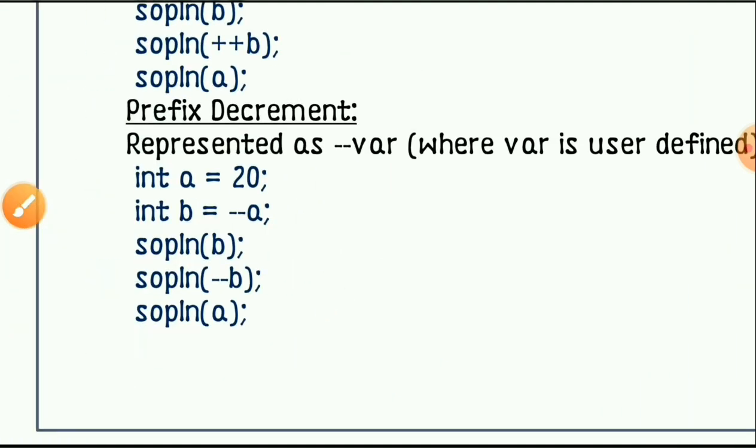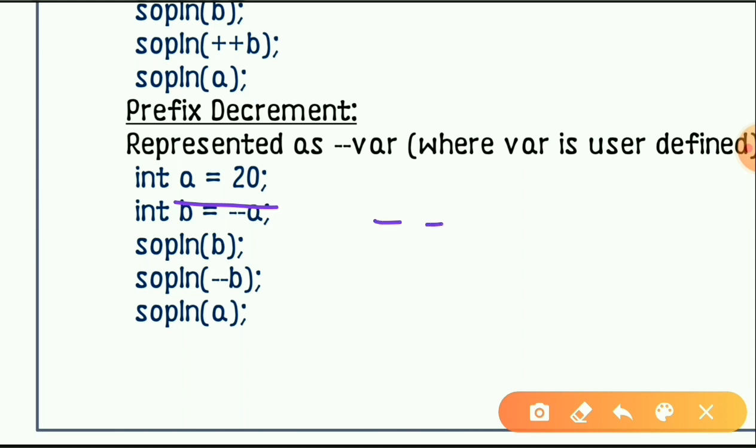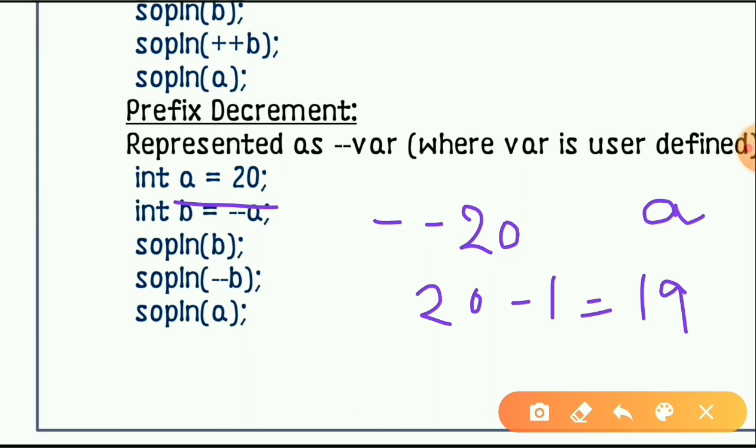Now see, now it is clear. Over here again we are having a equals to 20, b equals to --a. So again --20 we are having, then 20 minus 1 we have to operate, so your answer will be 19. So firstly the value of a will be 19, then afterwards it is being given to your b.